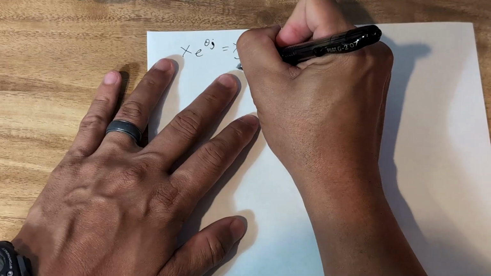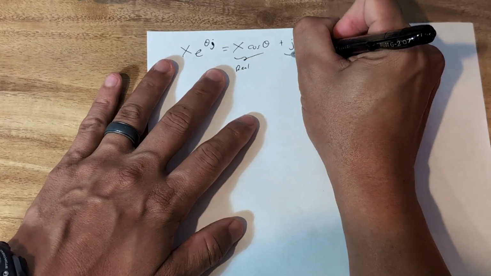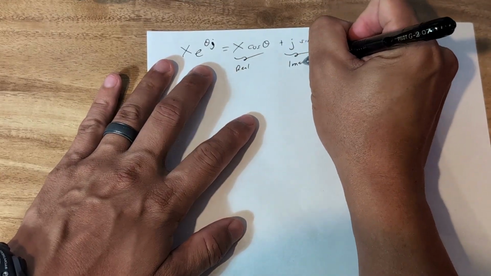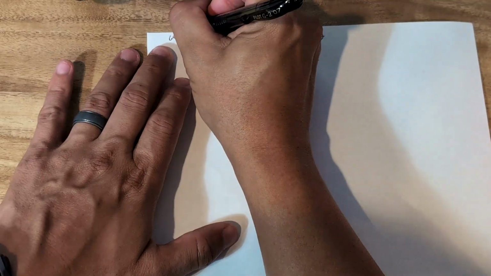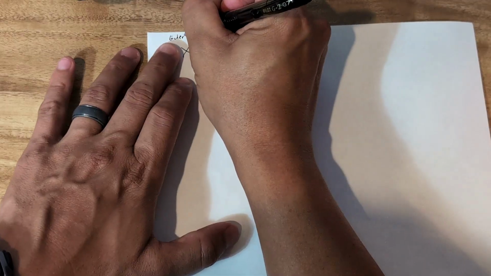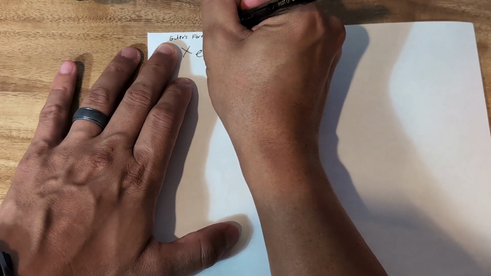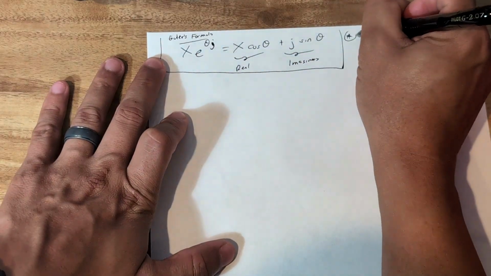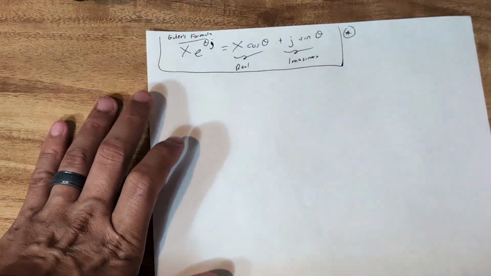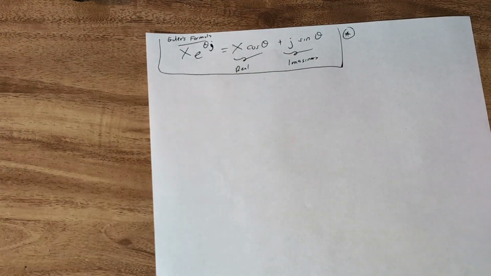This is going to be your real part, and this is going to be your imaginary part. So this is Euler's formula, and this is something that you're going to want to know. You're probably going to do this so much that you memorize it anyway.